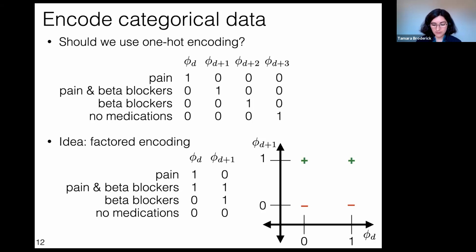If we weren't careful about that, we could get some weird situation where, even though pain medication was the predictive thing, it could just be weird in the 0s and 1s, and you get this issue where you can't do a linear separation. And so we want to be careful that we're not just saying, oh, let's do a binary encoding. It's really about what the 0s and 1s mean: whether I'm taking the medication or not.